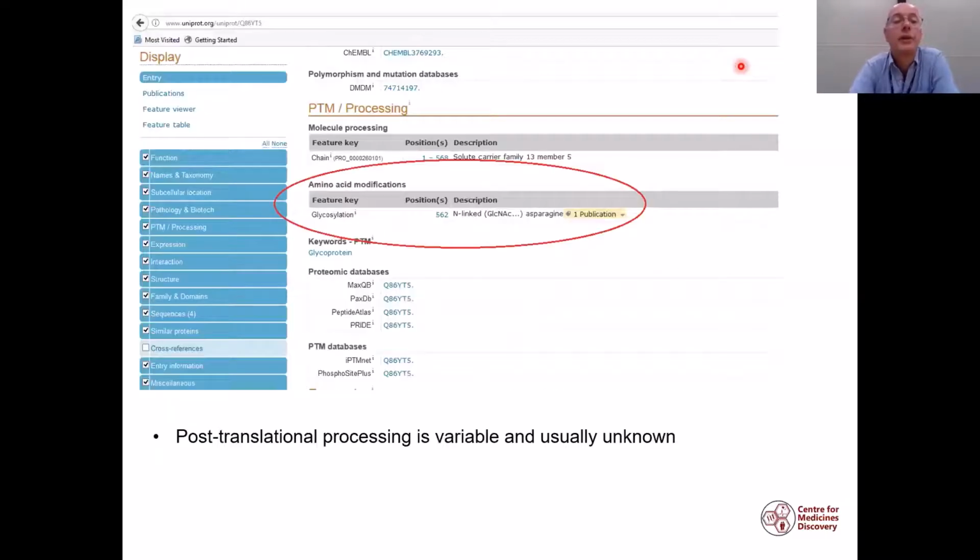If we look further into the UniProt entry, we can see that SLC13 is glycosylated, and that's not unusual. The post-translational processing for proteins is usually highly variable, and it's also usually unknown. Unless you know that, you can't predict the mass.